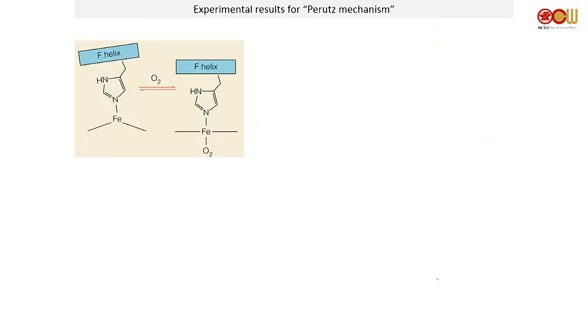So naturally, originally your F helix is tilted. And when O2 is added to the system, you see how the heme becomes flat, and as a result, your F helix also changes. You have a changed angle, so you have a movement of the F helix.